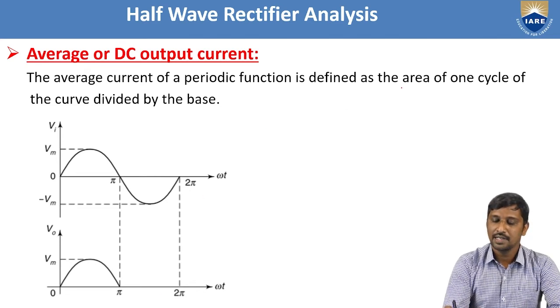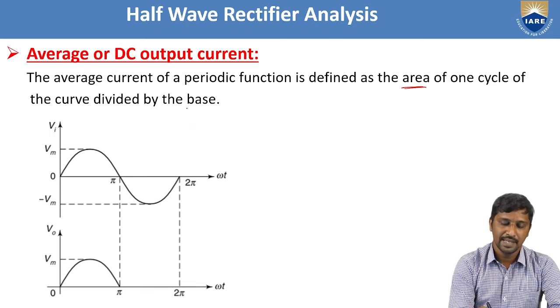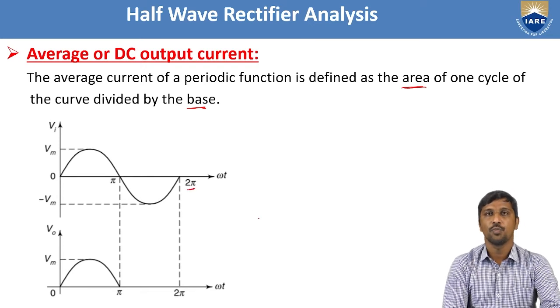Now, how do we calculate the area of a given signal? We need to apply the integral function. What is the base here? The base is the total time period; for a given clock cycle the base is 0 to 2 pi, so the base is 2 pi.